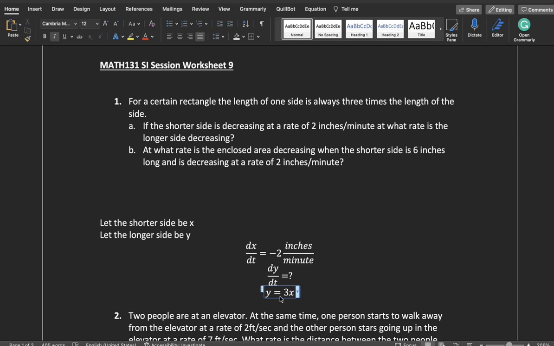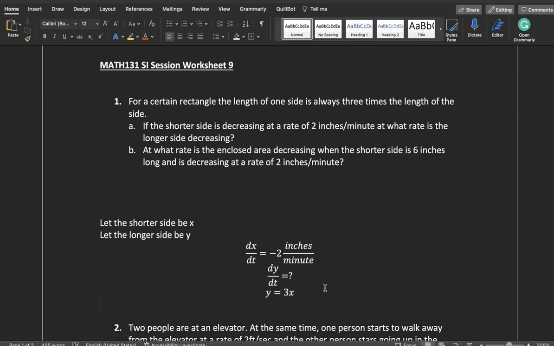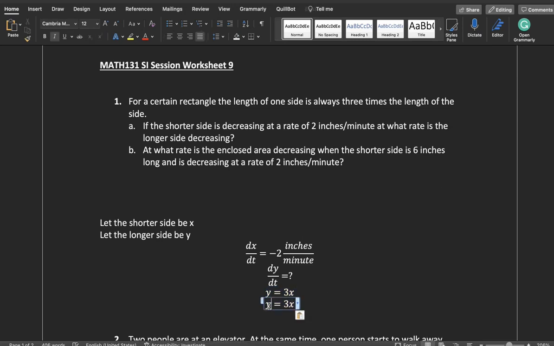And if you were to differentiate this in terms of t, because remember, our variable here is time, it would be dy dt is equal to 3 times dx dt, okay?